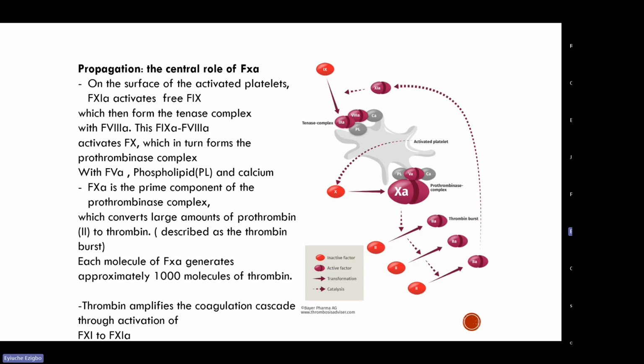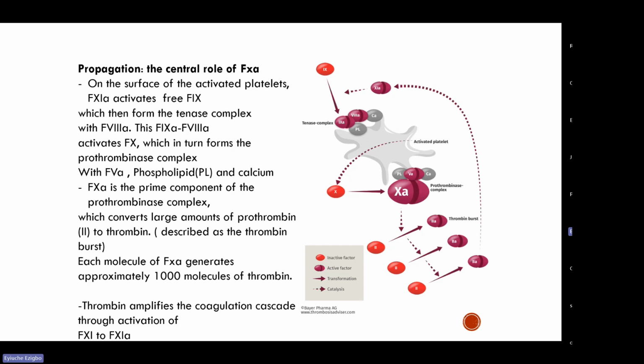This factor 9, factor 8 complex activates factor 10, the common pathway, which in turn forms the prothrombinase complex, which you will also see when you look at the extrinsic and the intrinsic pathway. The only difference is that they assume these processes are occurring on the surface of a platelet cell.